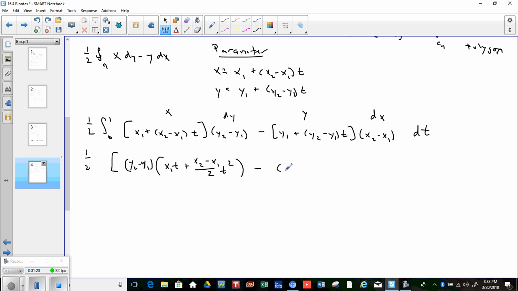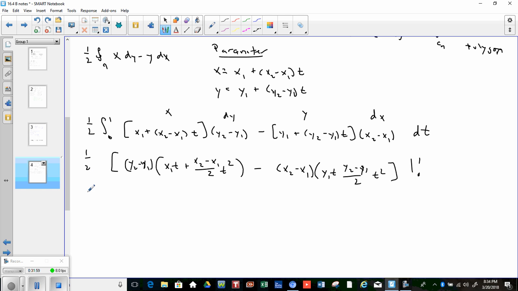Again, I'm just going to bring this x2 minus x1 to the front instead of distributing it through. That's basically the idea. And then this is going to be the antiderivative of y1, which is y1t. Antiderivative of y2 minus y1 times t. Remember, raise the t, it's t squared, divide by 2. So we're going to get y2 minus y1 over 2 t squared. And we'll evaluate that from 0 to 1.